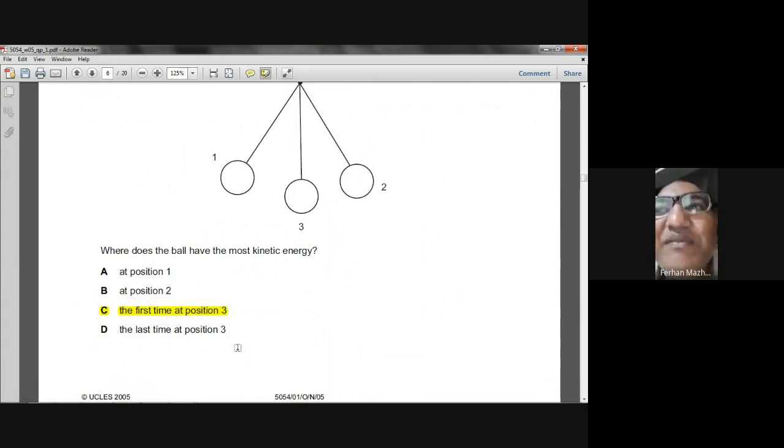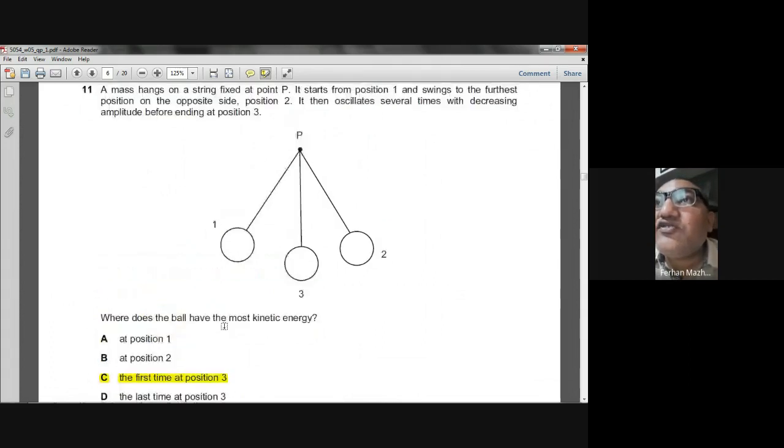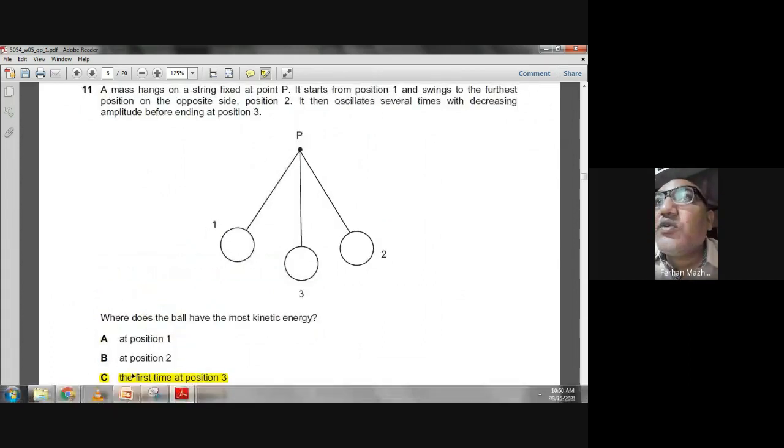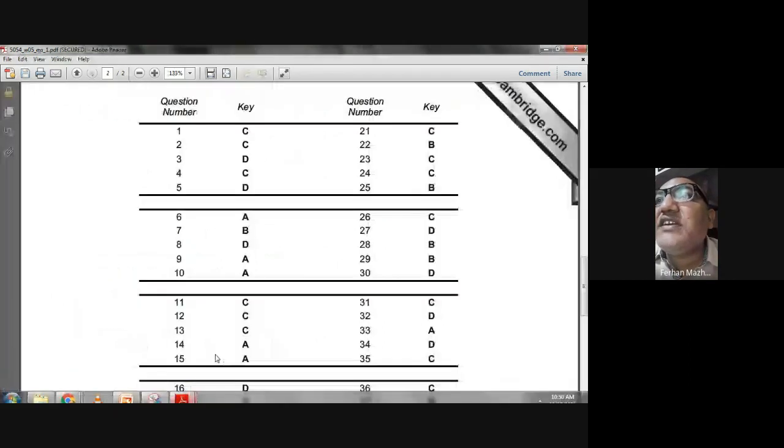The last time it will stop there, so its velocity will become zero. The first time it crossed position 3, it has the maximum speed. So at that time, at position 3, the body has the maximum kinetic energy. So I think C is the choice. Question number 11, C is the choice.